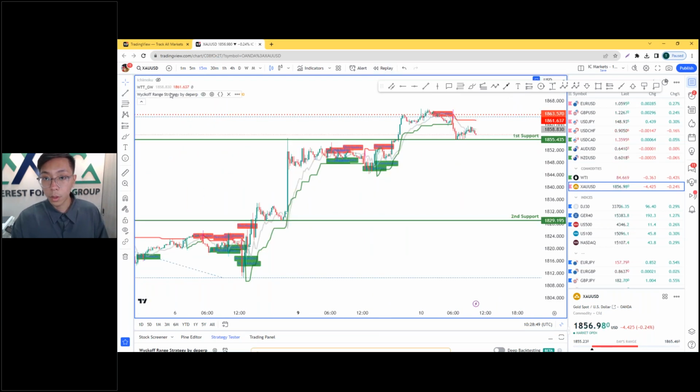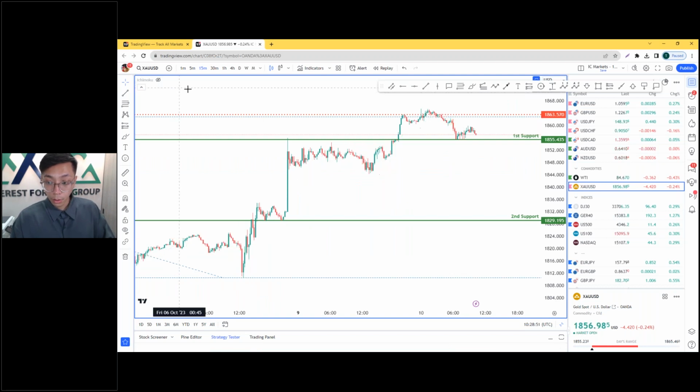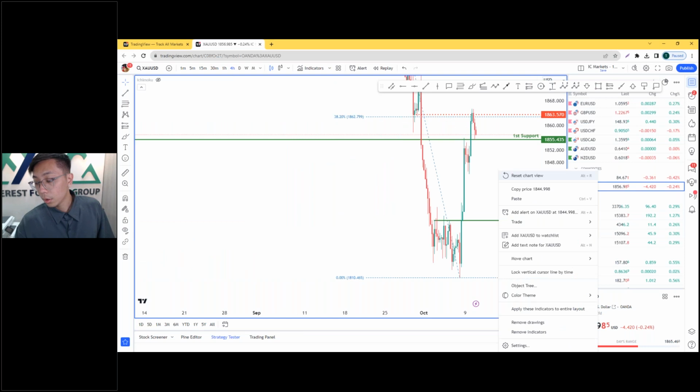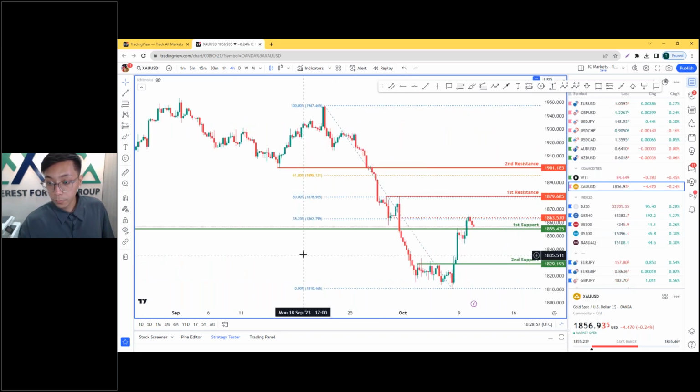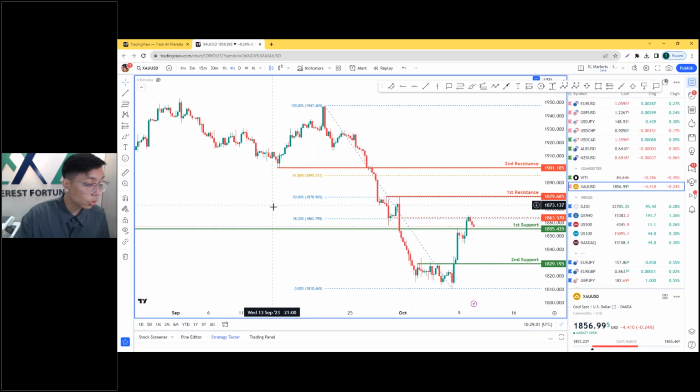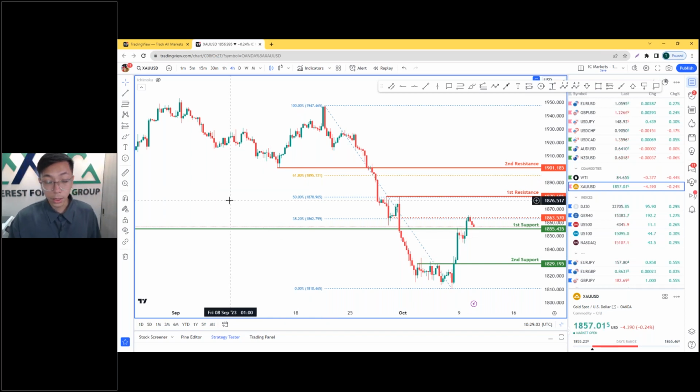Okay, from what I am seeing, I would say for Wyckoff, right, you shouldn't be using indicators. Maybe session timings or volume. That's about it.